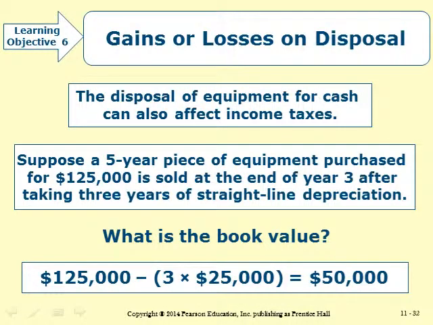Calculated on a straight line basis, 125,000 divided by 5 gives us a straight line depreciation of $25,000 per year. So the net book value, the cost minus the accumulated depreciation taken through the end of 3 years, is $125,000 minus $25,000 taken each year. So we have a $50,000 net book value.